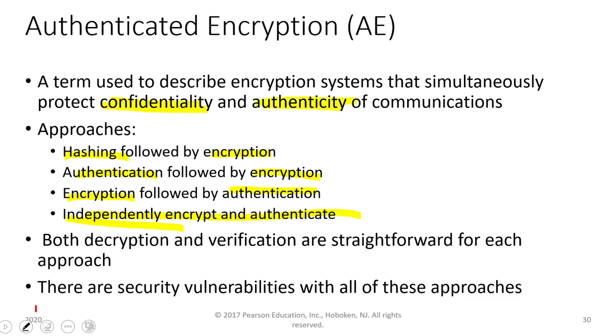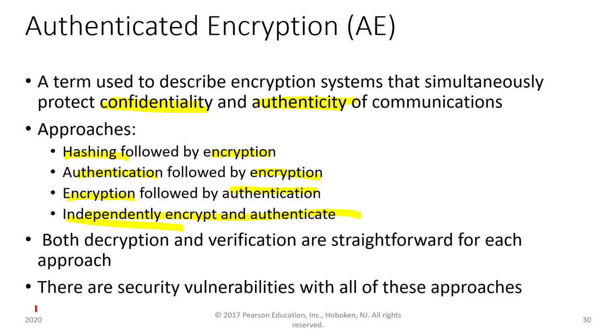Because confidentiality is all about the secrecy of the communication that is happening in a communication channel, whereas authenticity is about authenticating the origin sender, for example. So when we think about these different approaches, there are various different reasons why we may go for one or the other as a suitable approach here.